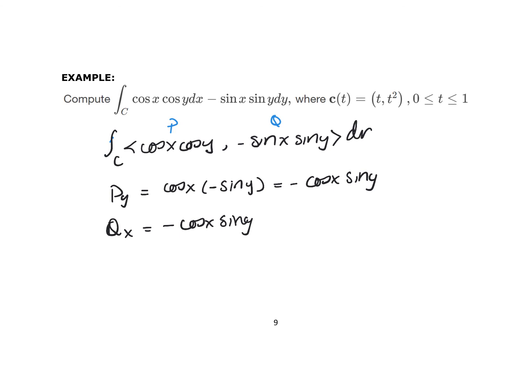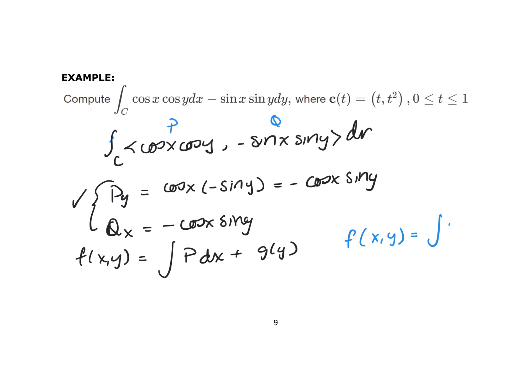So our next step, after we've confirmed that this is a conservative field, we're going to find the potential function. So we know that f of xy is going to be the integration of P with respect to dx plus some g of y. Simultaneously, the function f of xy is equal to the integration of Q dy plus some function of x.